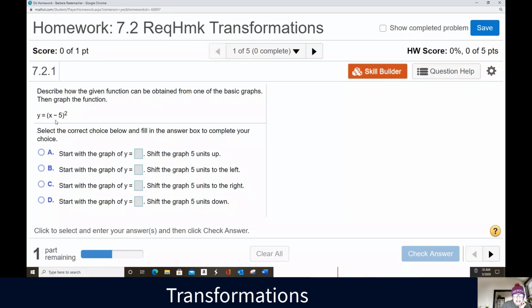The -5 is in the parentheses with the x, which makes it part of the argument, which makes it part of horizontal motion in the opposite direction from what you'd expect, unless you go to the effort of saying, okay, x minus 5 equals 0, solve for that, and you'll get x equals +5, and you'll go, oh yeah, okay, it's going to go in the positive direction. Duh.